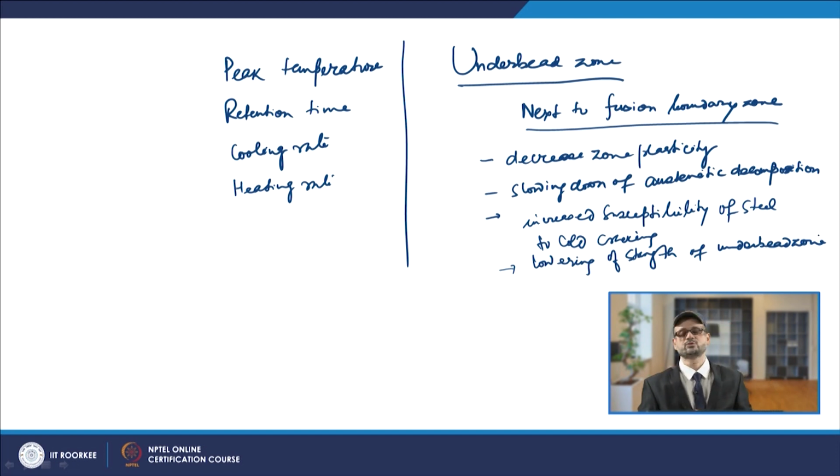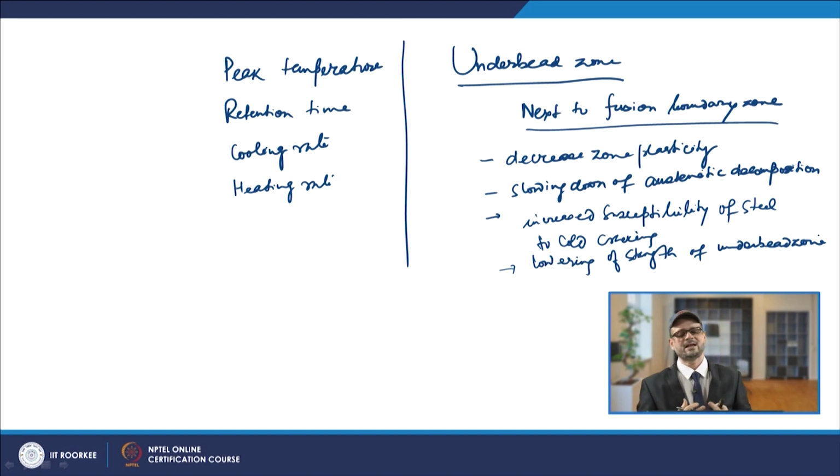In metals which do not go through polymorphous transformation, like aluminum, copper or nickel, when there is growth of the grain size, it results in the lowering of strength.